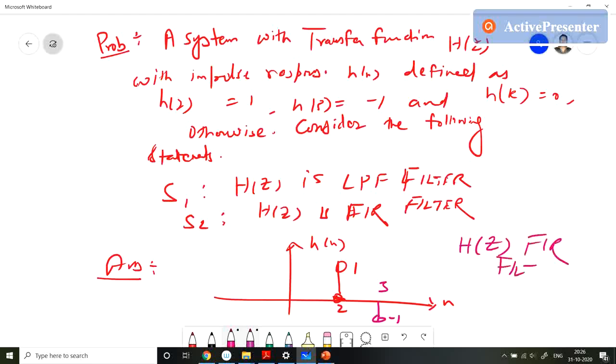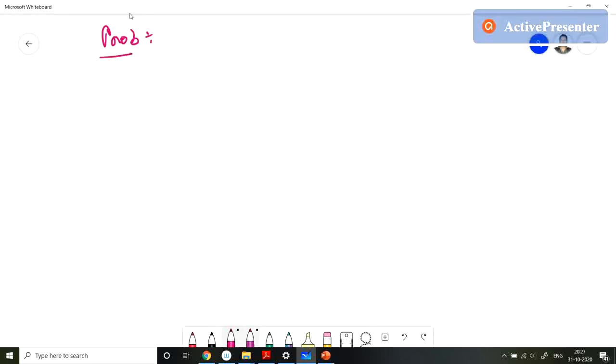The second thing is this is not a low pass filter. These two things are clear from this figure.